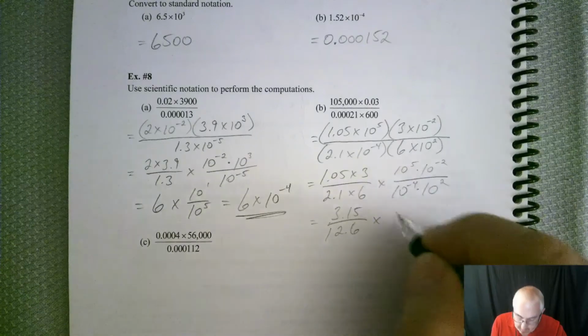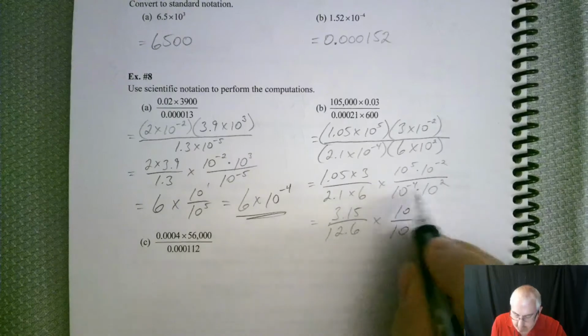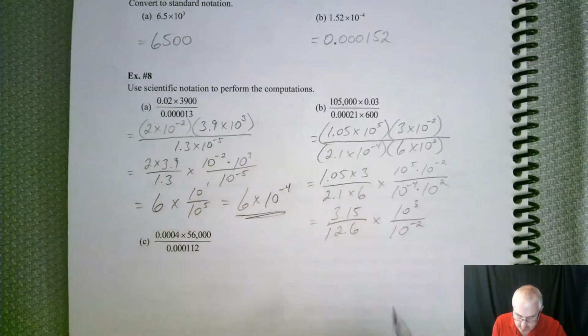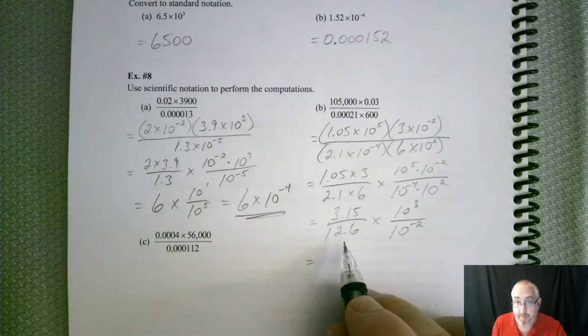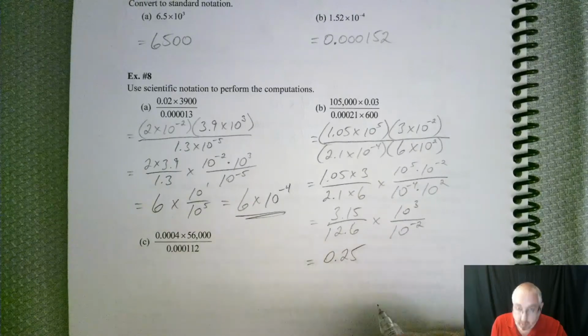So that's going to be a positive 3, right? And negative 4 and positive 2 will be a negative 2. All right. So now we got to divide that. Well, I am pretty confident that it's 0.25.